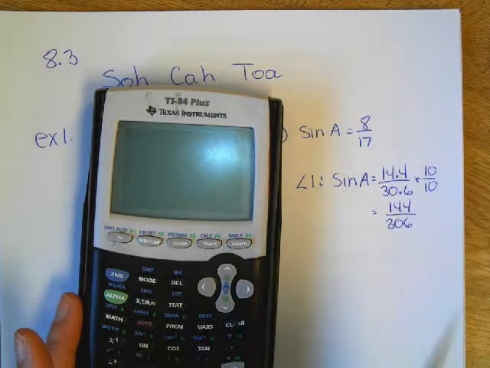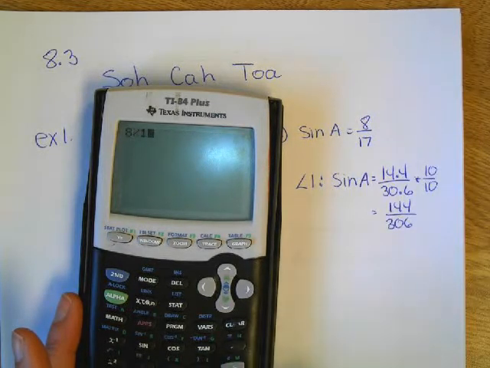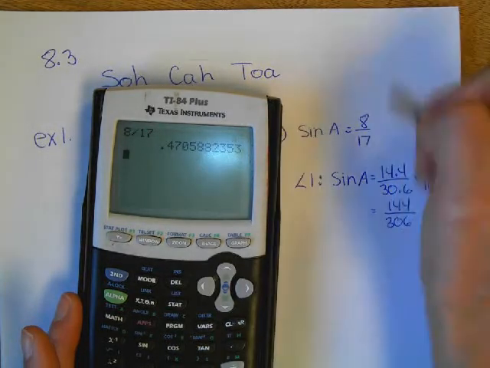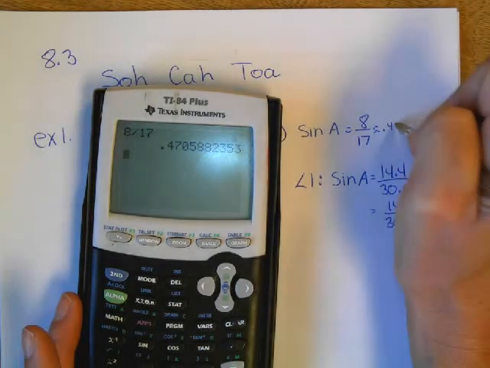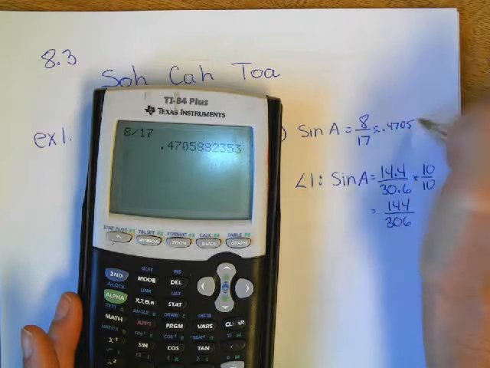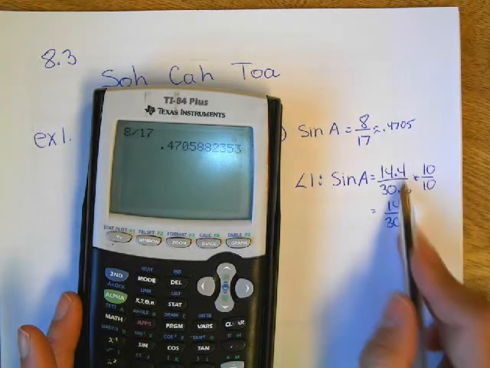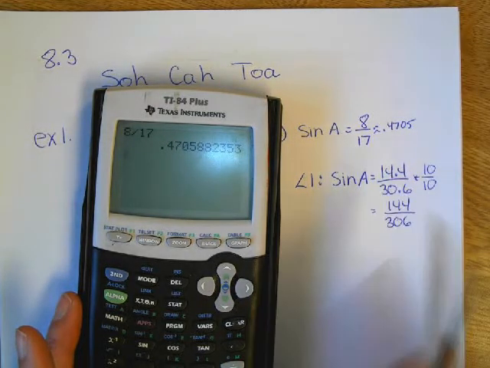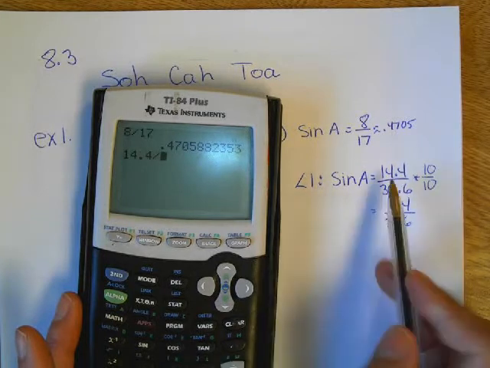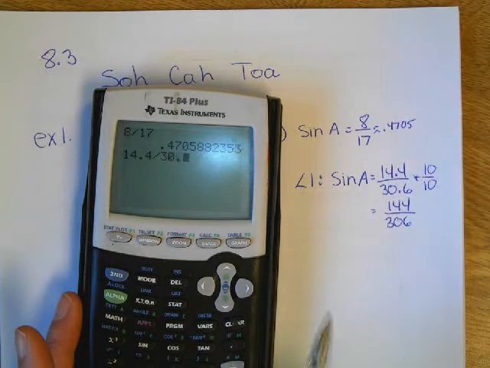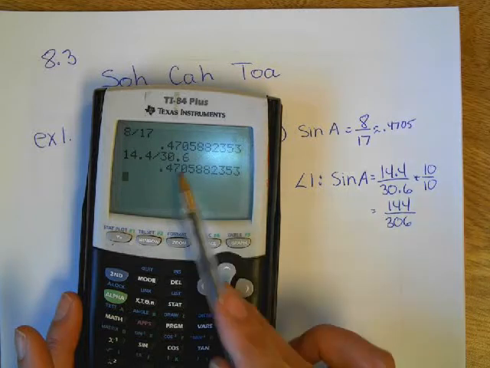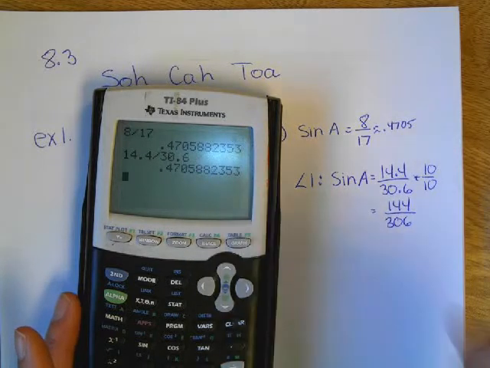We're going to get the decimal for 8/17. Just 8 divided by 17, that's the equivalent to this decimal, 0.4705, on and on. I'm going to take 14.4, divide by that 30.6, and look, I got it right off the bat.